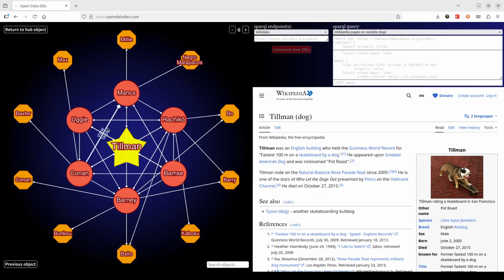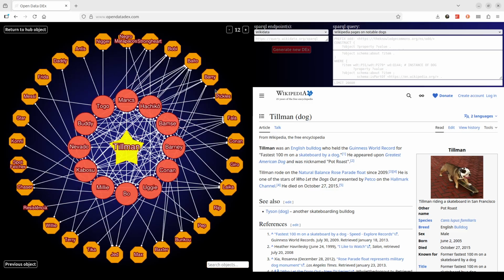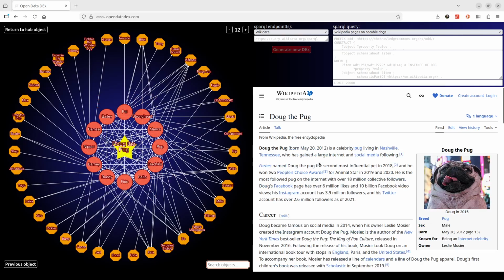Here's Tillman, a skateboarding dog. So yeah, I would have expected someone like Tillman to then be connected to a dog like Doug. I don't know if you know who Doug is, but he's like a social media star. So if we look up Doug the pug, he's got a big social media following.